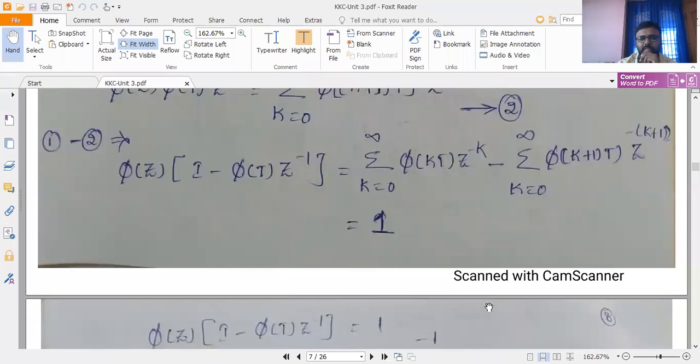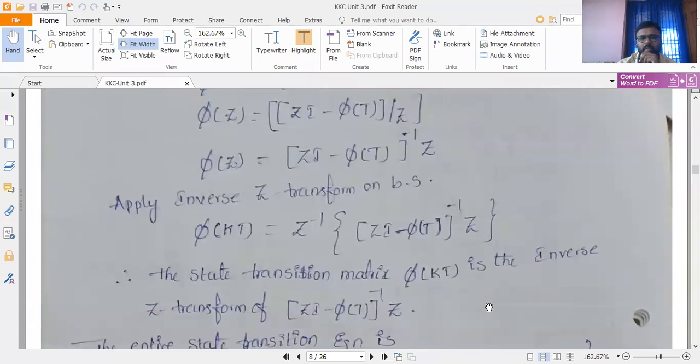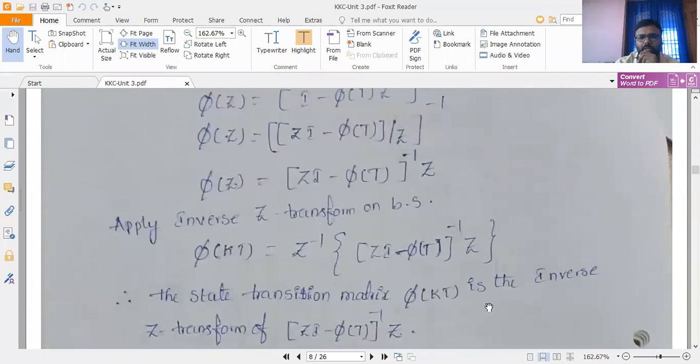So after certain calculations, we are going to obtain the state transition matrix for the discrete data systems with the connection of sample and hold devices, which is nothing but φ(kT) is equal to Z inverse of (zI minus φ(T)) inverse into z.